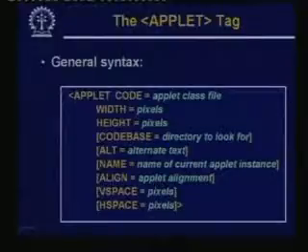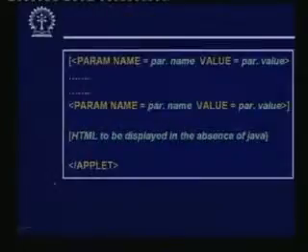Code base, alt, name, align, vspace, hspace, these are all parameters. Of these, code, width and height are mandatory, others are optional. After that, you can have as many parameters as you want. The syntax is param name equal to the name of the parameter, value equal to the value of the parameter. We will see an example for this later.